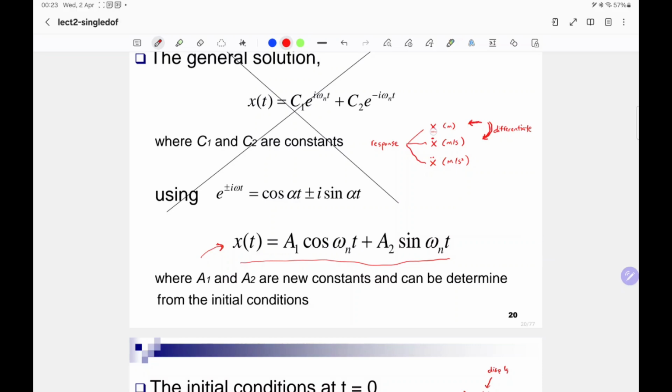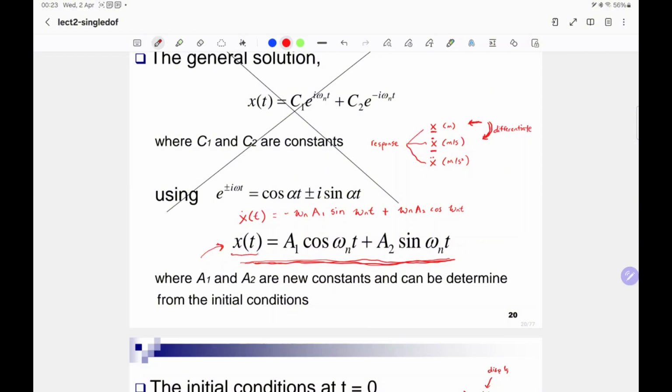If you differentiate x over time, we get x dot. For free undamped vibration, if we differentiate x(t), we will get x dot(t) equals negative omega_n a1 sine omega_n t plus omega_n a2 cos omega_n t.